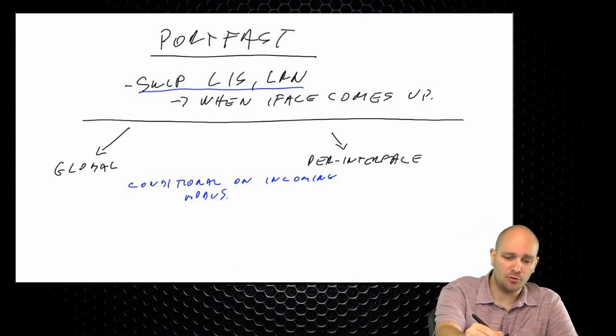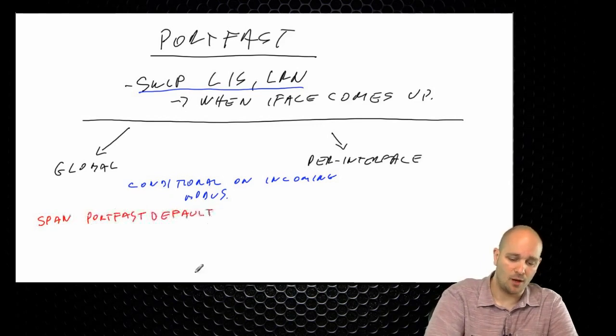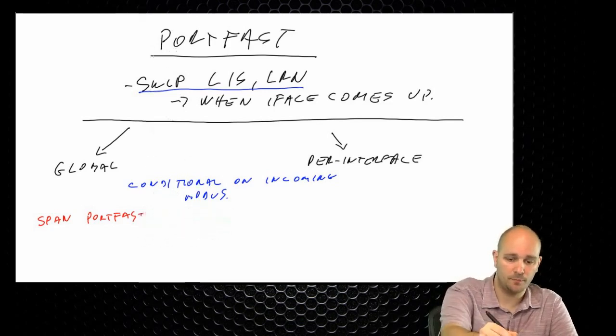Now, going back to the configuration, there are two ways of configuring it. The global is when in the global configuration mode, we say spanning-tree portfast default. So spanning-tree portfast default.